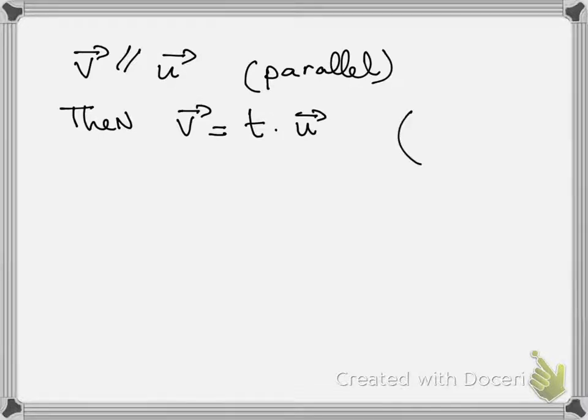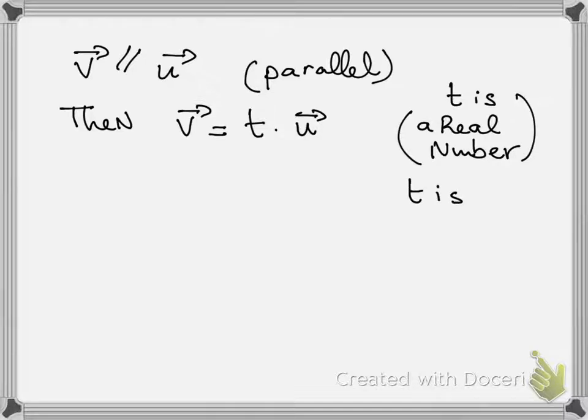Here t is a real number, and t has a name: it's called the parameter. It's just another name for a variable.